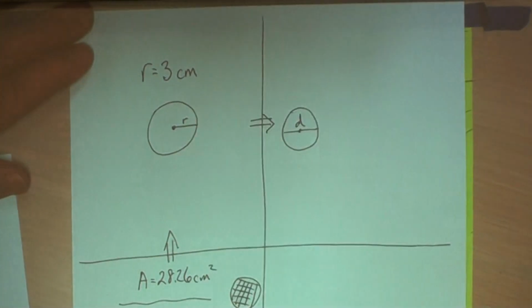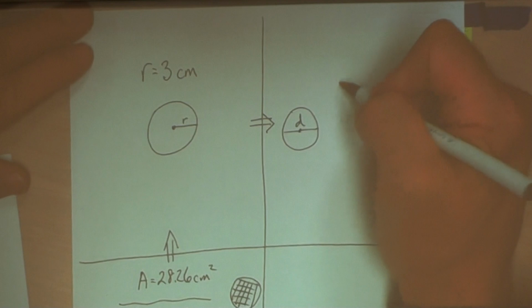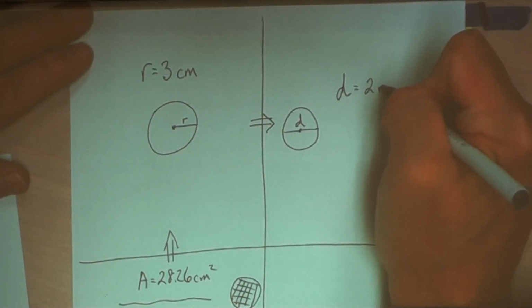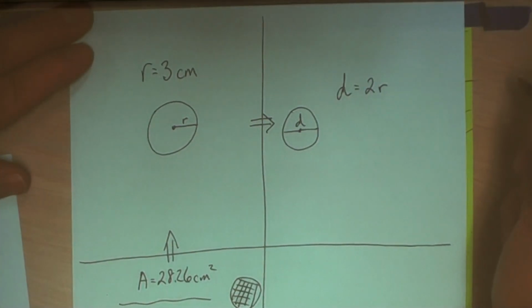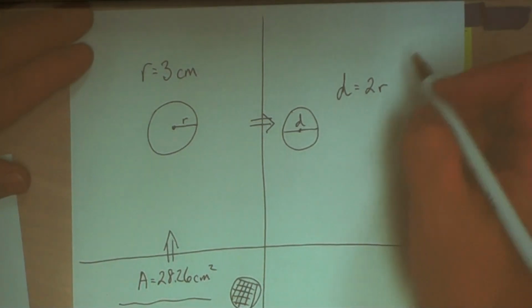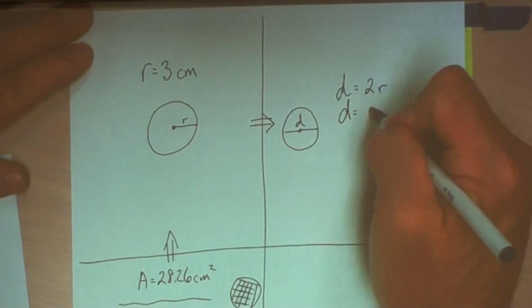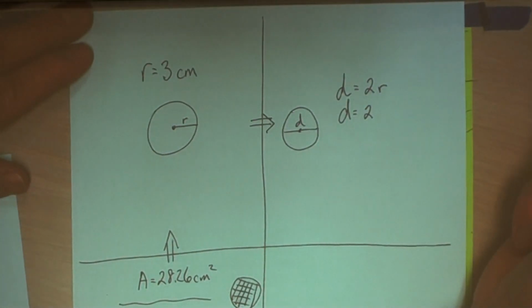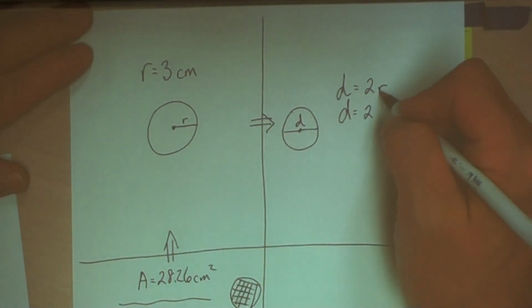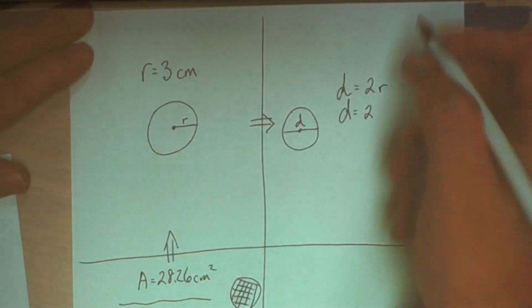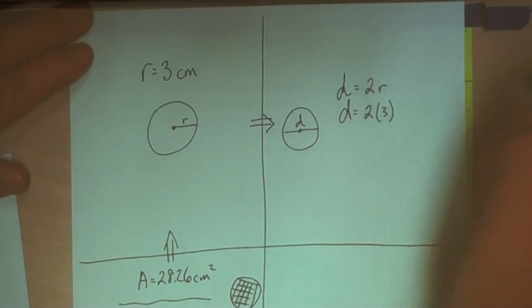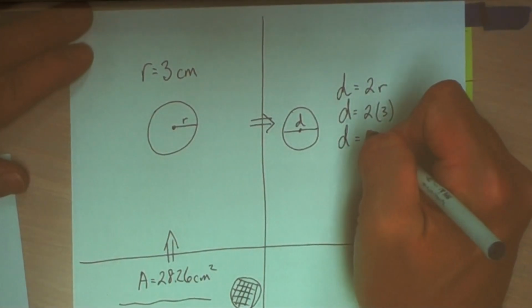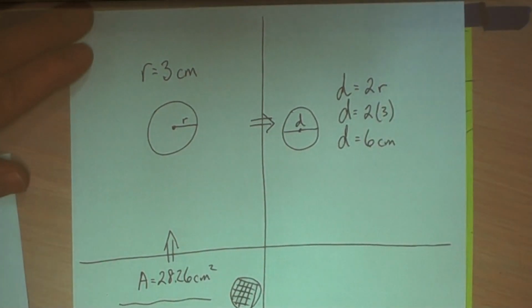So if r goes halfway across, the diameter is 2r. That is step 1, to write the formula. The diameter can be found now by substituting in step 2. In place of the r, I will use the number 3. And the diameter equals 6 centimeters.